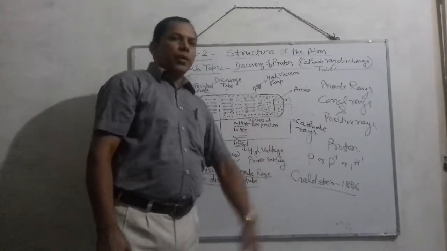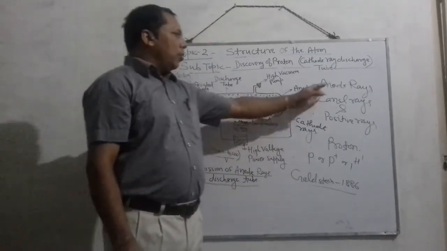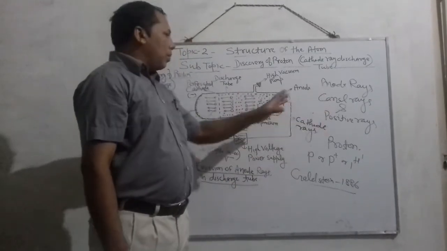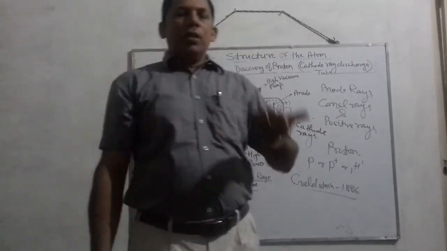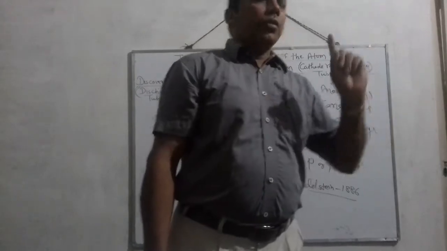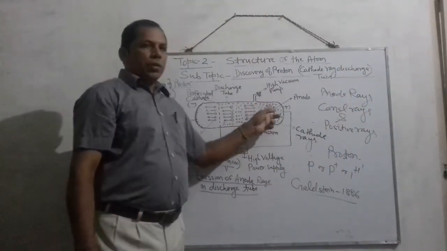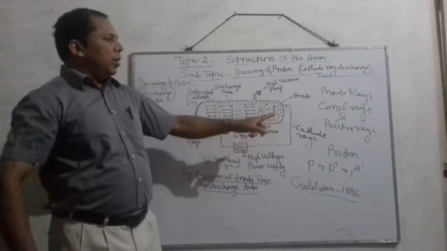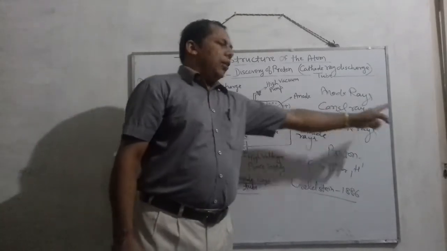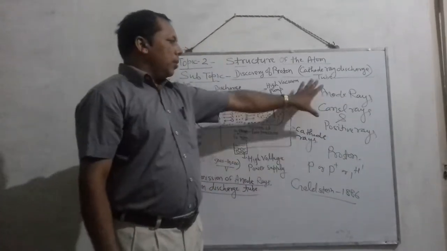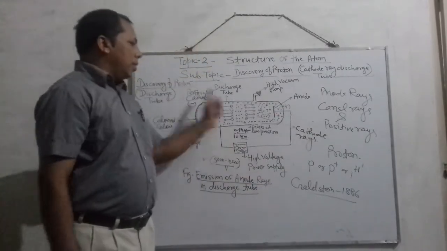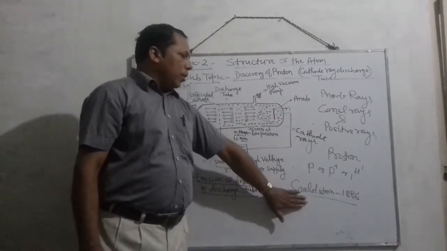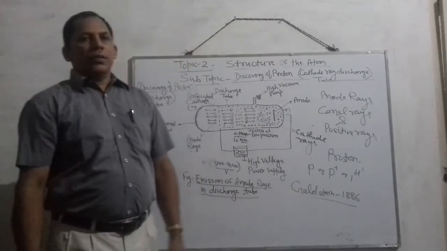And the third property is that anode rays, or canal rays, or positive rays, are produced from the anode. That's why they are called anode rays. So these are some simple properties of anode rays, and this is the discovery of proton, given by Goldstein in 1886.